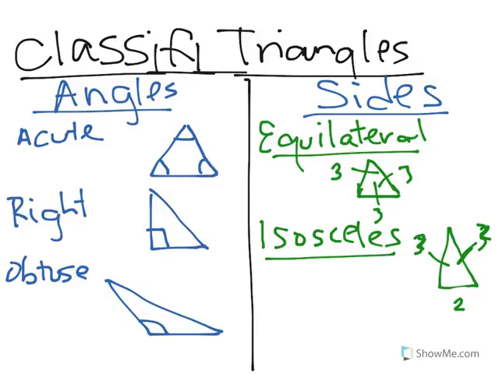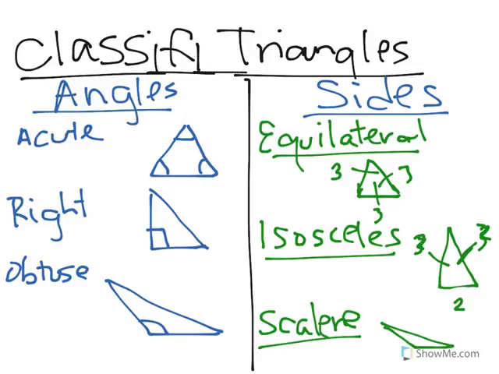That's isosceles. So we're going from 3 sides the same, to 2 sides the same. The other option is no sides are the same. Okay, and that is a scalene. A scalene. None of them are the same. Okay, scalene is a triangle where no sides are the same. That is how you classify the 6 different types of triangles.